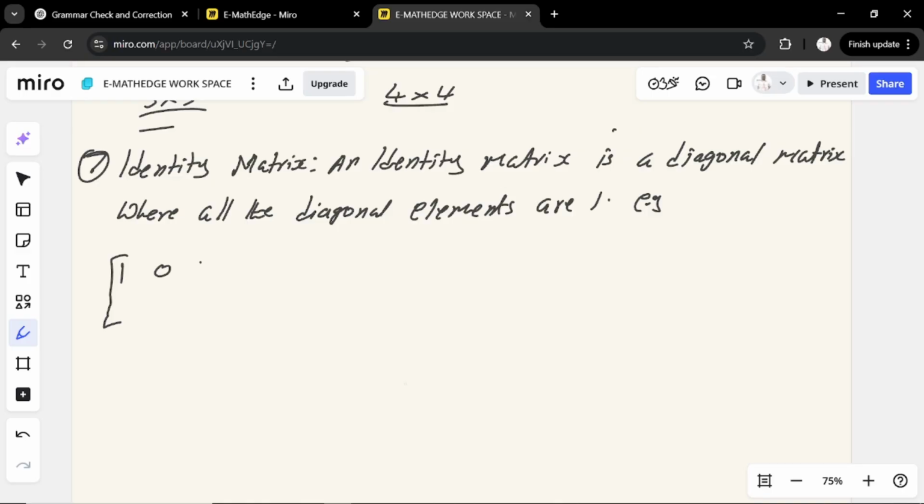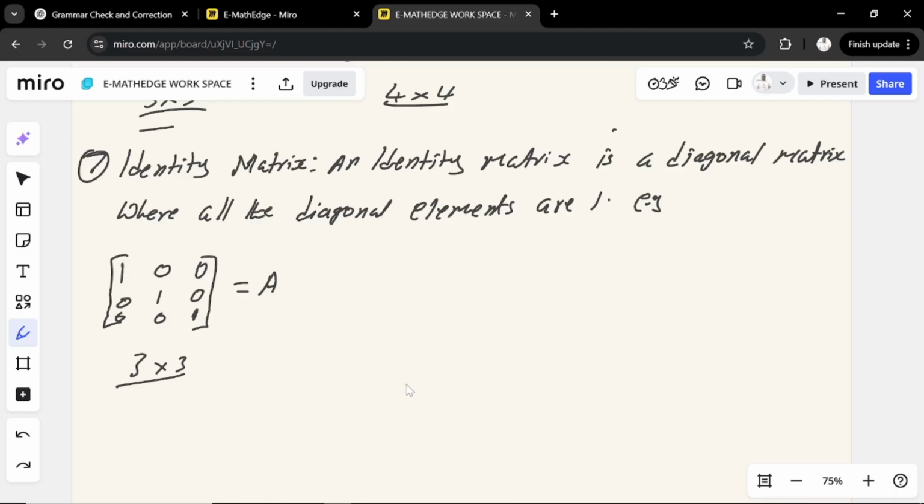Let's take an example where we have a 3 by 3 matrix: 1, 0, 0; 0, 1, 0; 0, 0, 1. This is a 3 by 3 matrix. Now look at this matrix closely. Let's target matrix A. When you look at this matrix closely, you will observe that all the diagonal elements are 1, but every other element is 0.